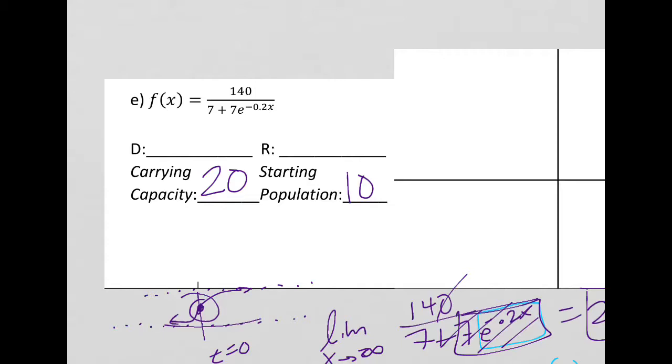The domain of this function is all real numbers. When we're thinking of the function in general, not really when we're talking about the population, the range of this function is going to be y values that are greater than 0, but less than 20.